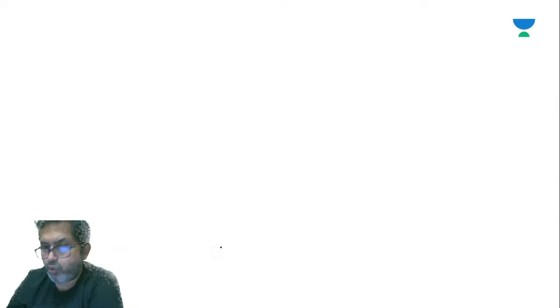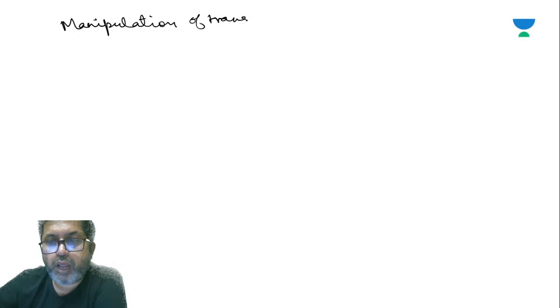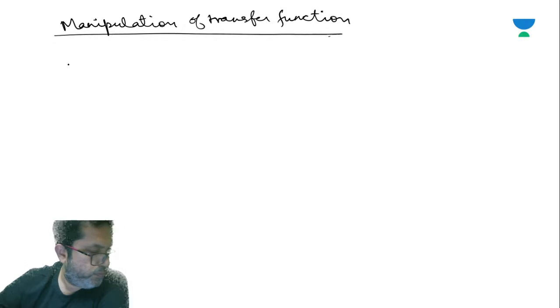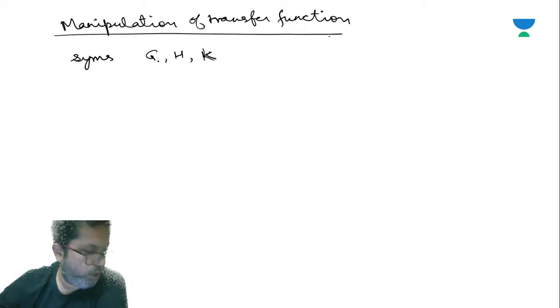Let us move on to the other part, that is manipulation of transfer function. So let us say syms G H K, small k.